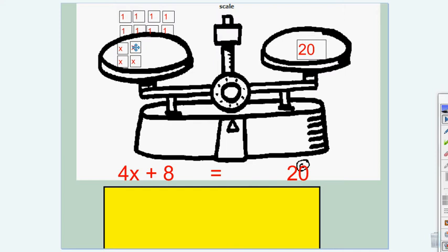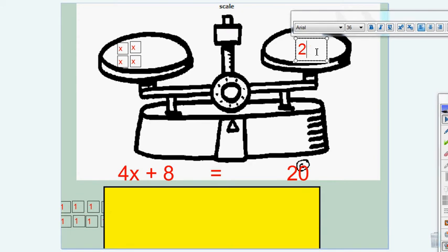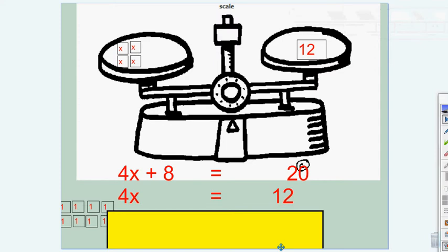First step I can do here, take 8 pounds off. Then we would have what over here? If I took 8 pounds off, 12 pounds. So 4x equals 12.